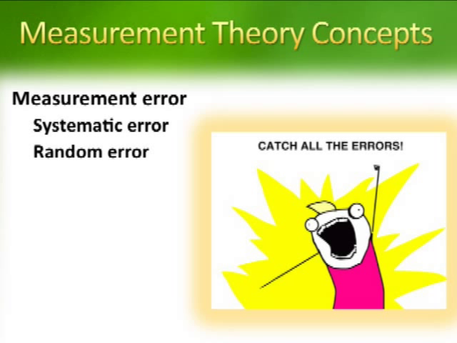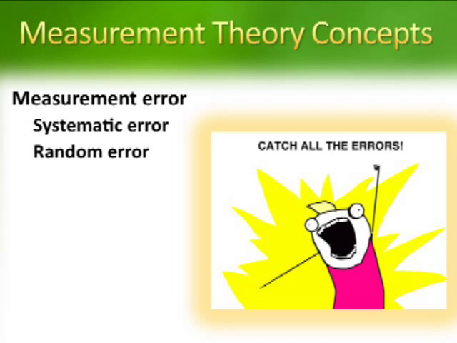For instance, if you get on the scale in the morning, do you really believe that the weight is true? Or do you say, well, you know what, the scale must be off a little bit? Measurement error exists for both direct and indirect measures. However, direct measures are supposed to be subject to less error than indirect measures.